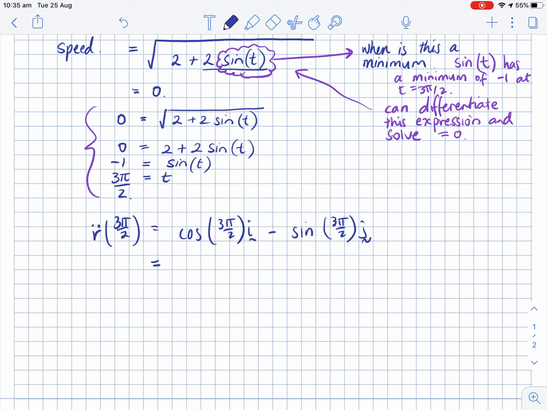Then my acceleration at this point is, the cos part is 0, so I don't end up with an i component, and sine of 3 pi on 2 is negative 1, so I get negative 1, which is positive 1, and it is the j component. Remember, we're working in vectors, so we need to have a vector solution for acceleration.